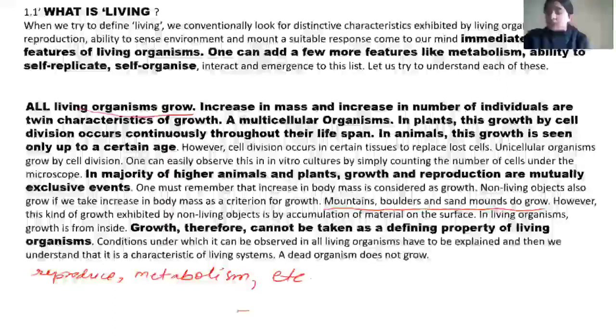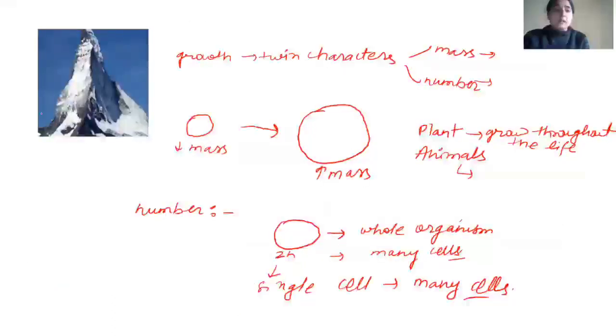Now take the examples of mountains, boulders, and sand mounds. These things also grow. If we take the example of a mountain, after some time we notice that this mountain grows into a larger one. Why?